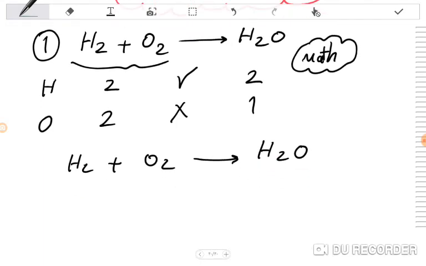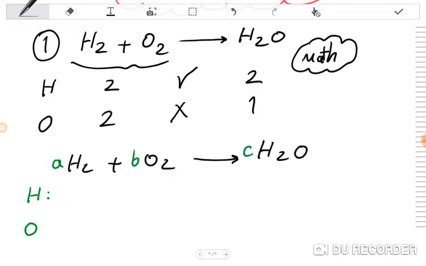We suppose in front of H2 we have A, in front of O2 we have B, in front of H2O we have C. A, B, C must be correct numbers. I take help from math to write algebra equations for H and O.